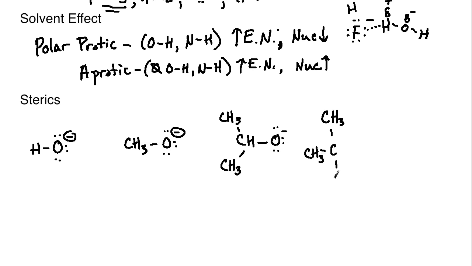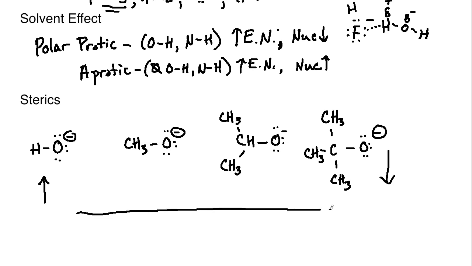So as we continue to increase in bulk, we end up seeing that the nucleophilicity decreases, right? Because these get harder and harder to bring in and bind to an already somewhat sterically hindered position. So hydroxide would be the most reactive nucleophile, and the t-butoxide over here would be the least reactive, right? Moving along in this direction. So I would expect hydroxide to be the best. Methoxide would be okay, but it's starting to get more sterics.